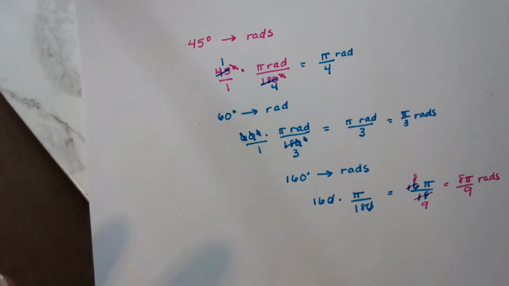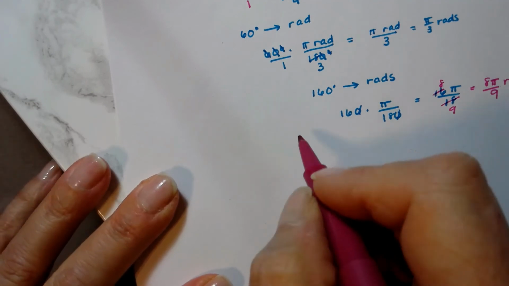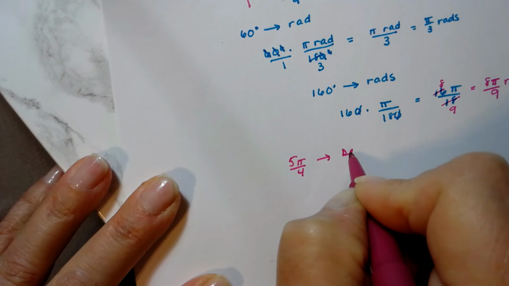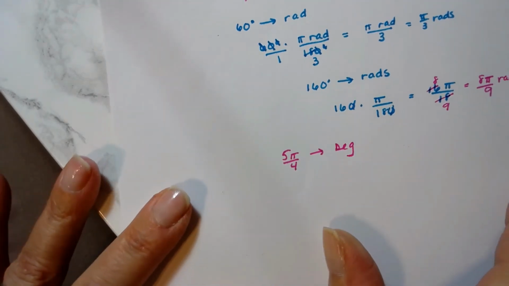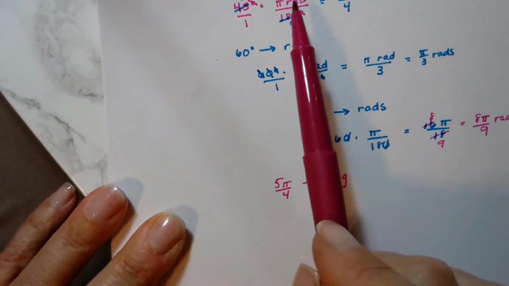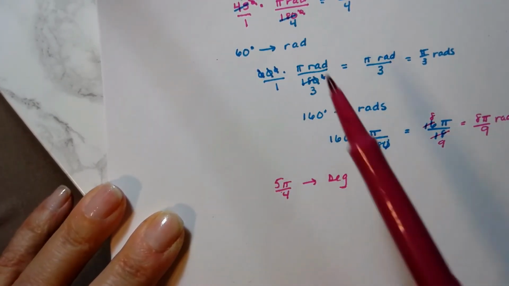Let's do some from radians to degrees. So maybe I want to convert 5 pi over 4 to degrees. Well, the rule says that if we're going from degrees to radians, we multiply by pi over 180. If we're going from radians to degrees, we just flip that.